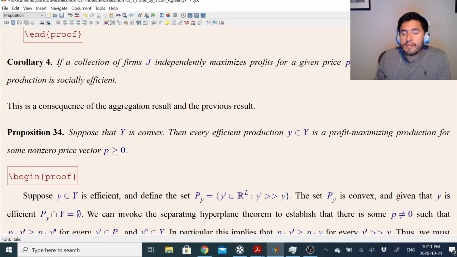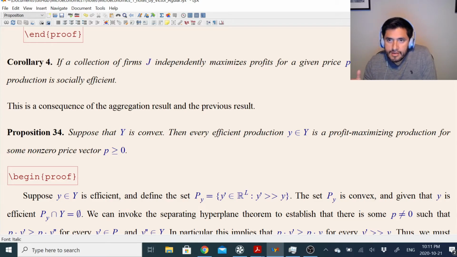Why I want it to be produced, okay? So what I'm telling you is that the government can fix a particular price, basically give you a coordination device. I'm going to tell you a price and you will take it as given. You will be a price taker of this price given by the government. And when you maximize according to that price, you will individually produce different production plans that, when added up, will give me any point in the efficient frontier.